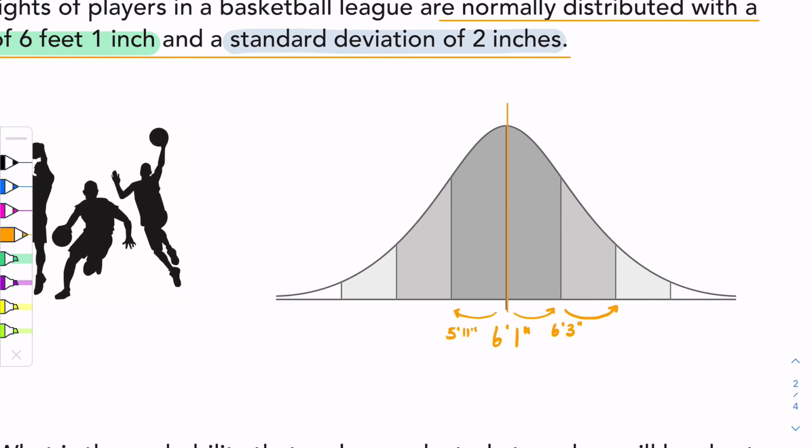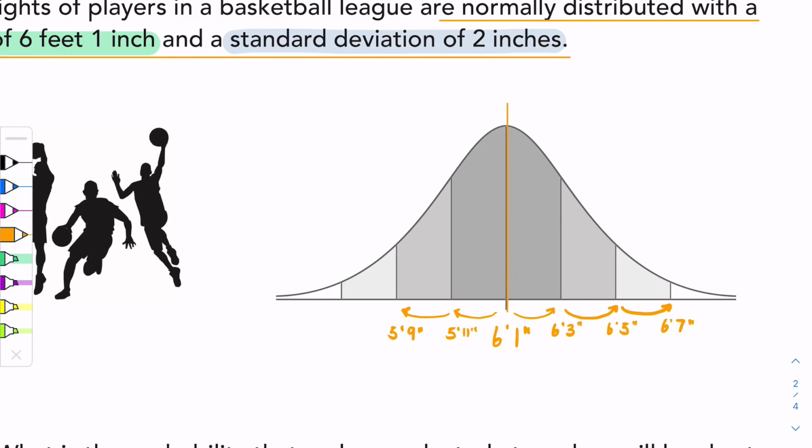Add another 2 inches, which gives us a height of 6'5". Subtract 2 more inches, and we get 5 feet 9 inches. So this is within 2 standard deviations of the mean. We added 2, we subtracted 2 again. Let's do this one more time. Add 2 to 6'5", we get 6'7".